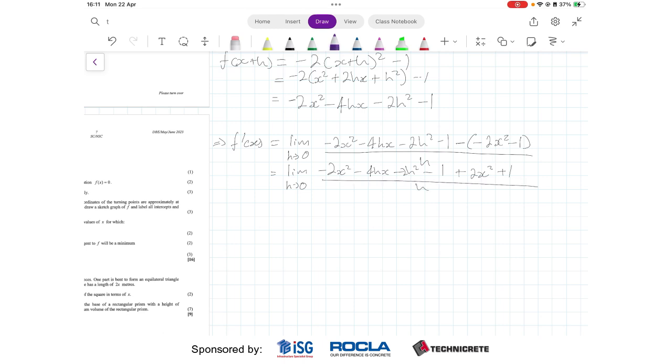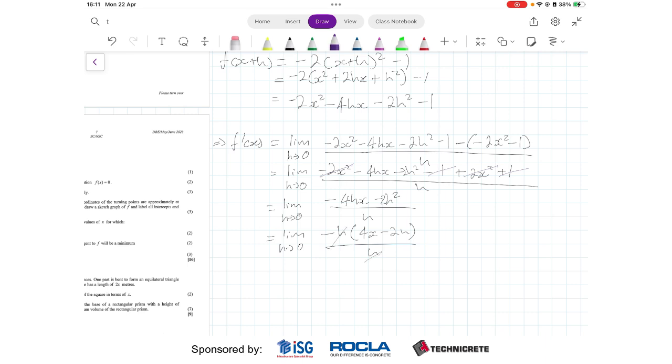From here, we can already tell that minus 2x squared and 2x squared cancel, minus 1 and positive 1 cancel, such that we are left with the limit as h tends to 0 of minus 4hx minus 2h squared all over h. When we look at this, we can see that h is a common factor. Then we can take out h as a common factor, such that we are left with minus 4x minus 2h over h.